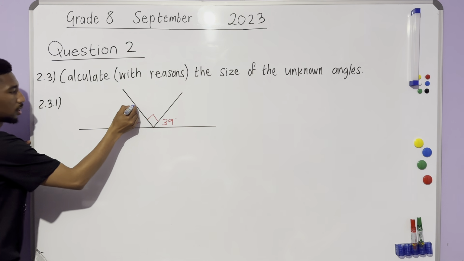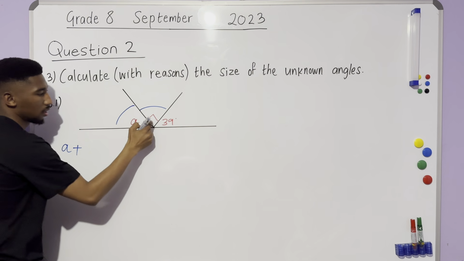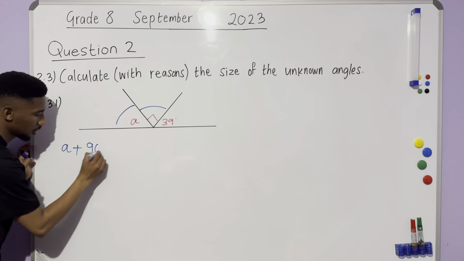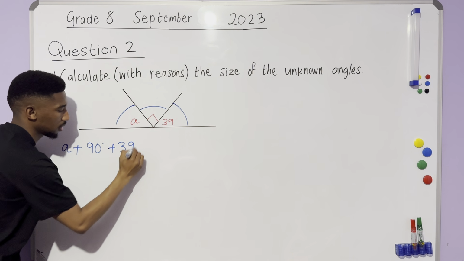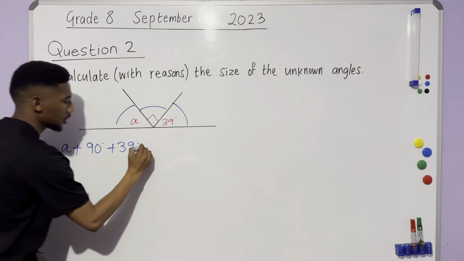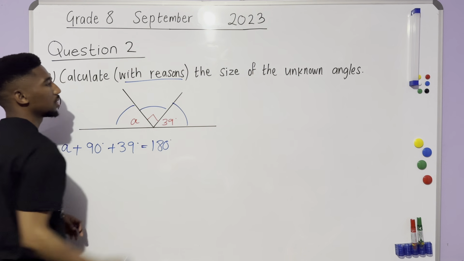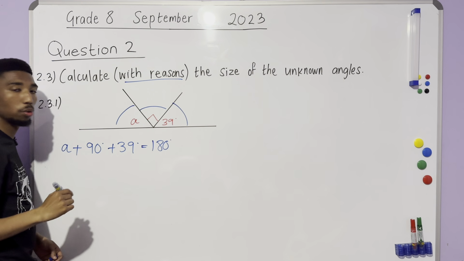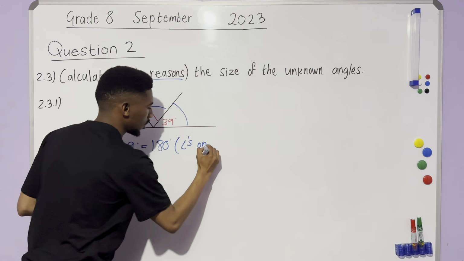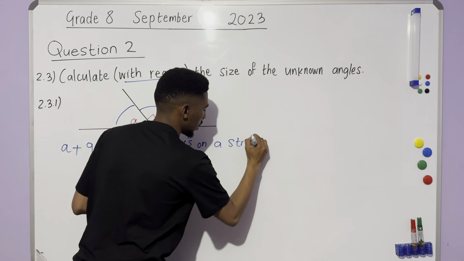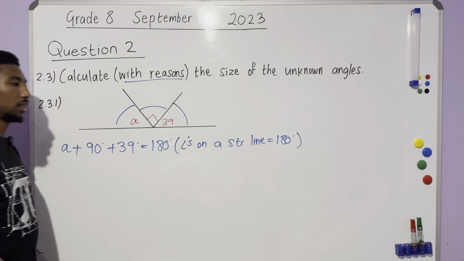So this angle A plus this angle, that symbol we should know is 90 degrees, and plus that angle 39 degrees. Adding all those angles equals to 180 degrees, and we need to accompany with reason, as each reason is worth 1 mark. The correct reason: angles on a straight line equal 180 degrees.